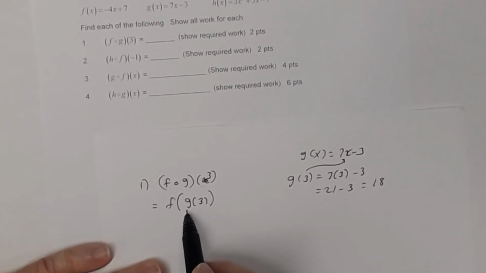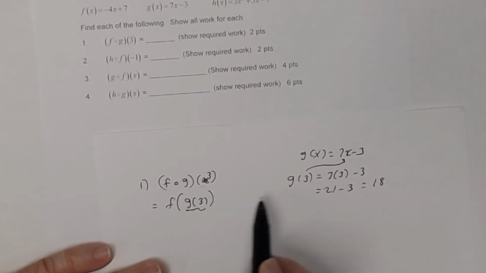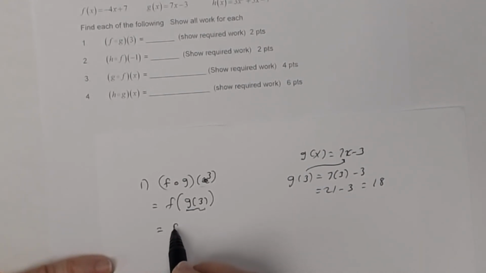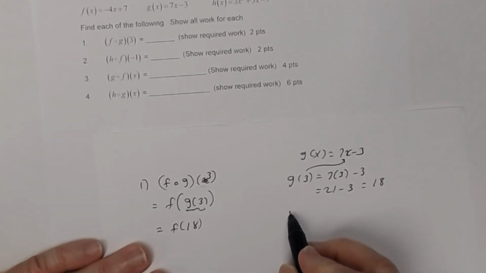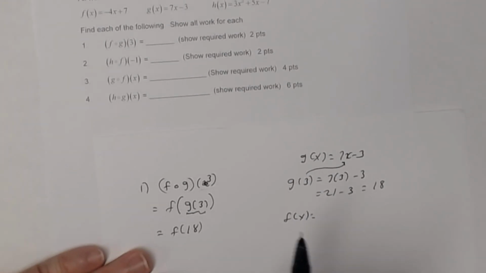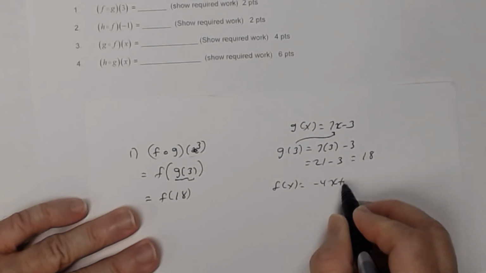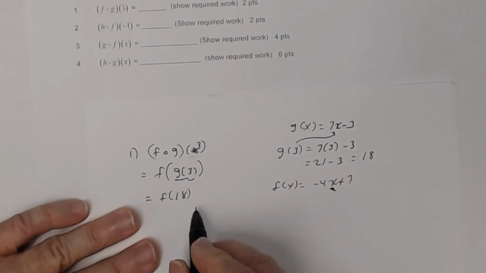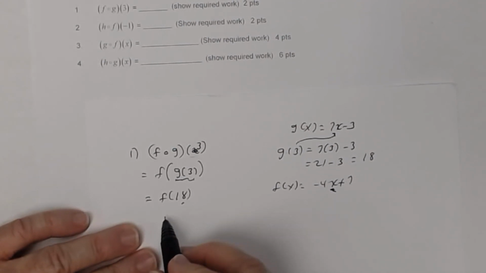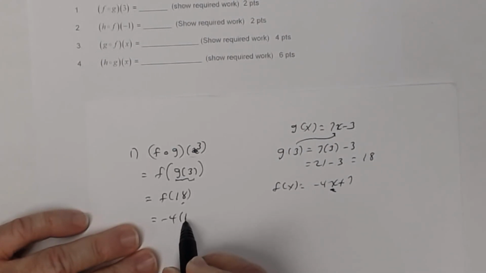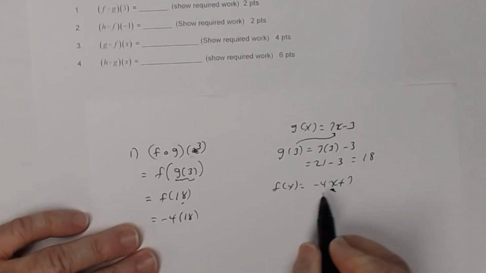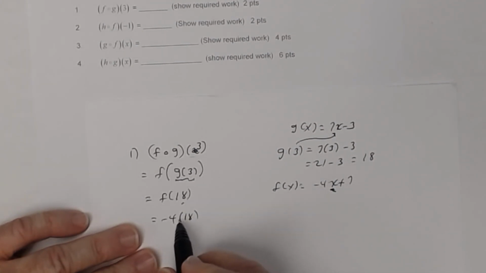So now I'm going to come back here, because now I know what this is. G of 3 is now 18. So this has become f of 18. And to find f of 18, I'm going to go to my function f of x, which is negative 4x plus 7. And where we see the variable x, I'm going to substitute 18. So this becomes negative 4 times 18, and then plus 7.